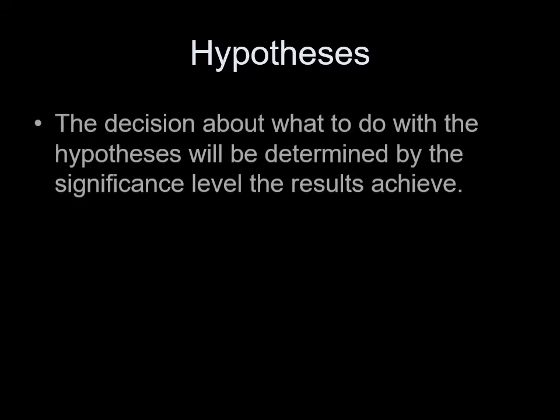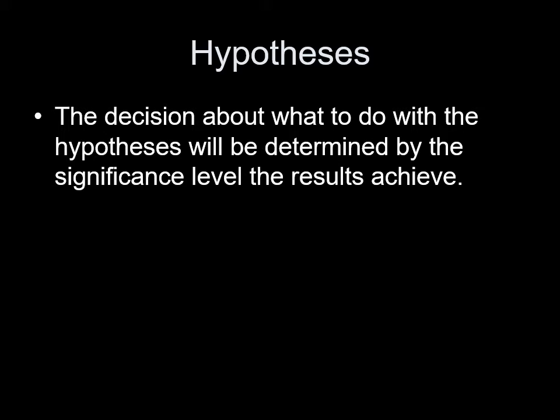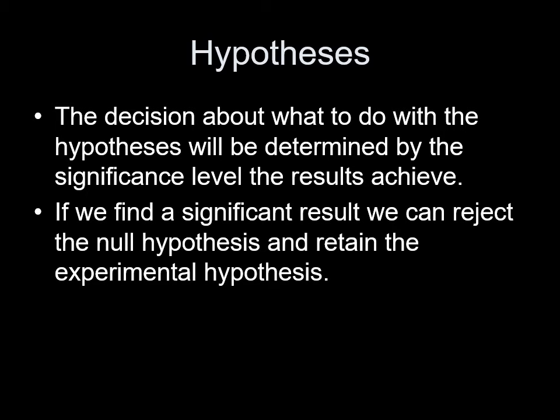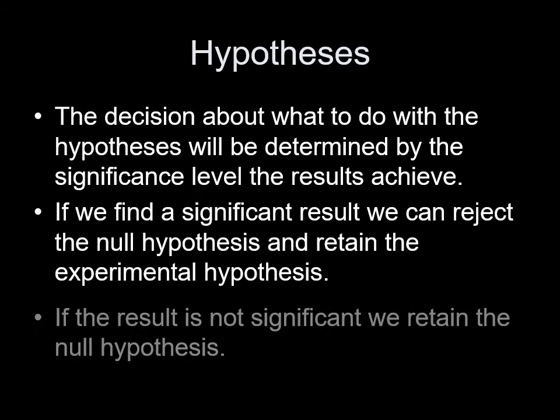So what do we do in relation to hypotheses in relation to all this? The decision about what to do with a hypothesis is determined by the significance level that the results achieve. So whether they are significant or not. If we find a significant result, we can reject the null hypothesis, the hypothesis that there will be no effect of the IV on the DV, and we can retain the experimental hypothesis that states that the IV is going to affect the DV.